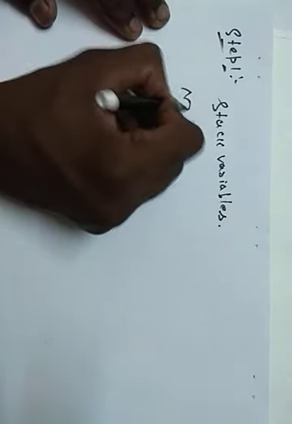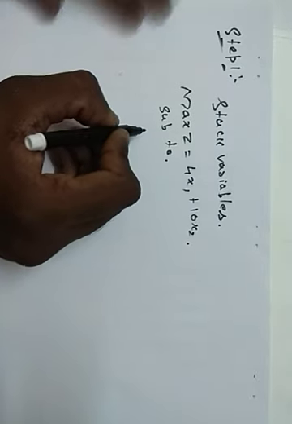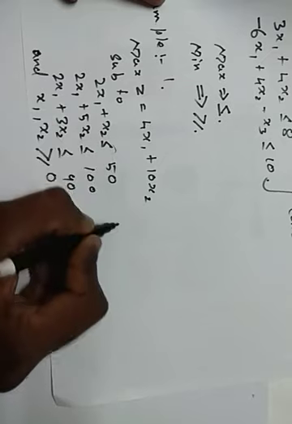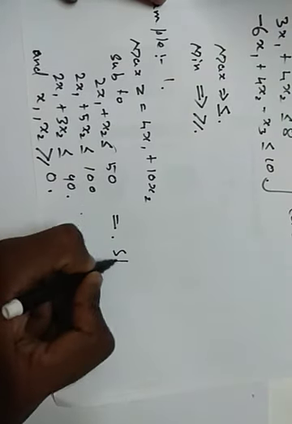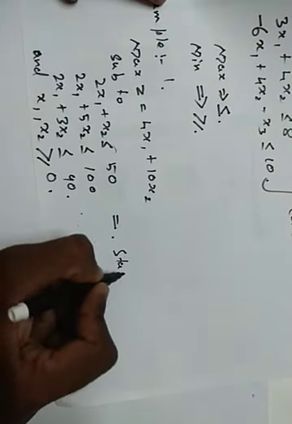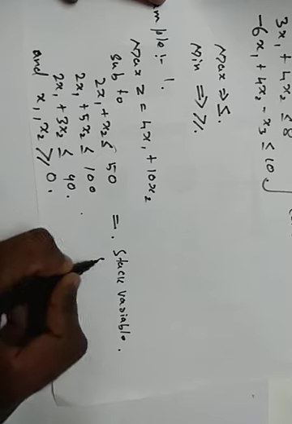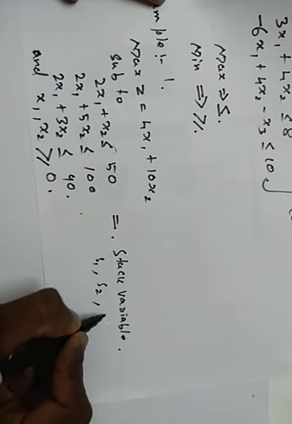Max Z equal to 4x1 plus 10x2 is the given objective function, and subject to we have to convert the less than or equal to into equal to. So we have to add slack variables. Slack variables are nothing but s1, s2, s3 and so on.